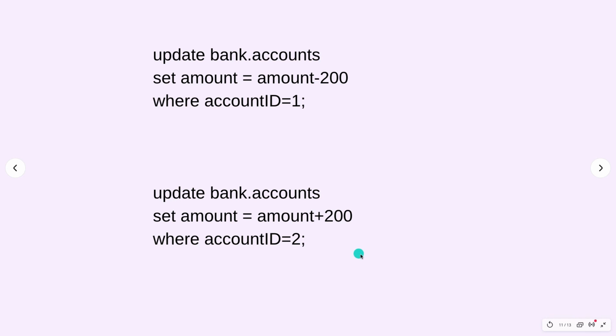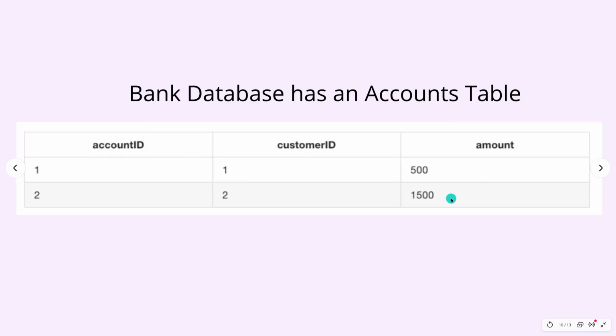So what happens in the database now? Well, 200 got debited here in this account, but it did not get credited here on this account when the database crashed. So when the database comes back up, it is still showing the same thing. This is now 300 and this is now 1500.